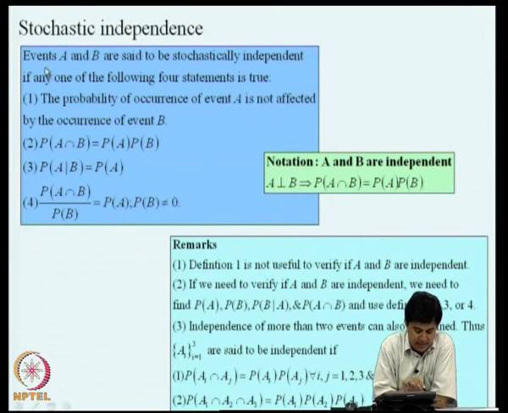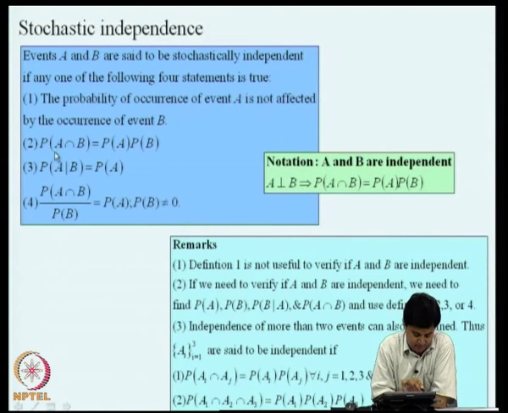So, let us consider again events A and B. We say that events A and B are said to be stochastically independent if any one of the following conditions are satisfied. The first statement is, the probability of occurrence of event A is not affected by the occurrence of event B. Then we say A and B are independent.